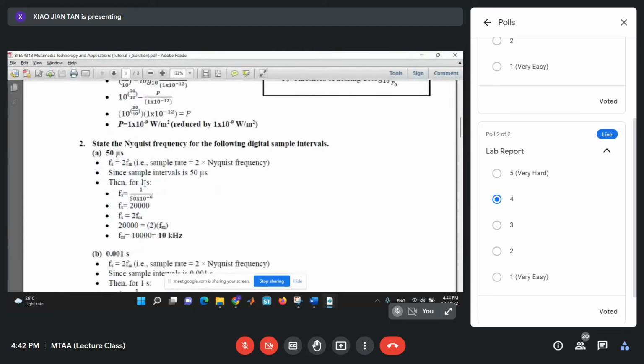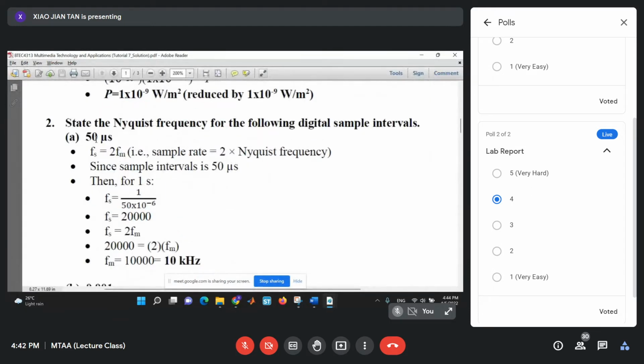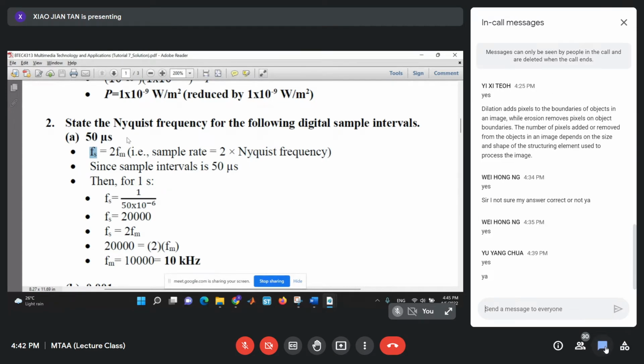Okay, back to the question. We have 50 microseconds. State the Nyquist frequency for the following digital sample interval. When you have sampling, we use the variable fs. Do not forget Nyquist theorem: you need at least 2 times the frequency that you have, and that is the sampling frequency.